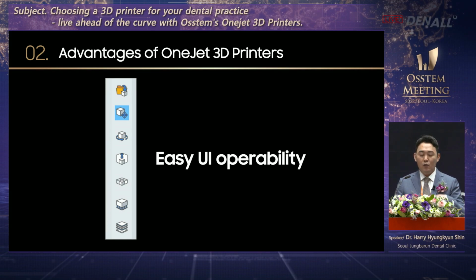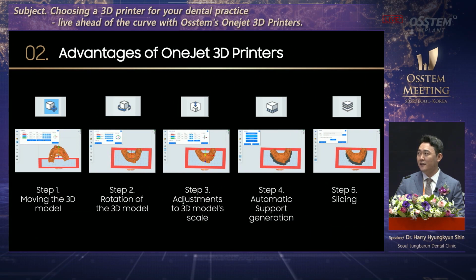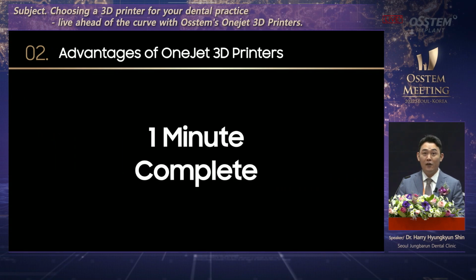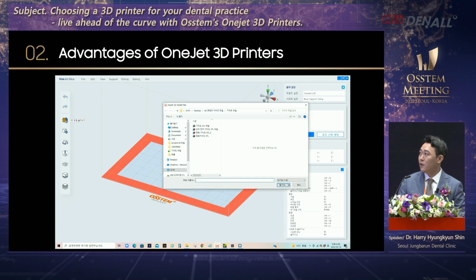But there are too many functions. So I told Osstem, please make it very simple. So just 5 steps with the GUI interface, and they did it. It doesn't require many clicks. GUI, you need to click each step, moving the 3D model, and all these steps can be done in 1 minute. Let me show you.